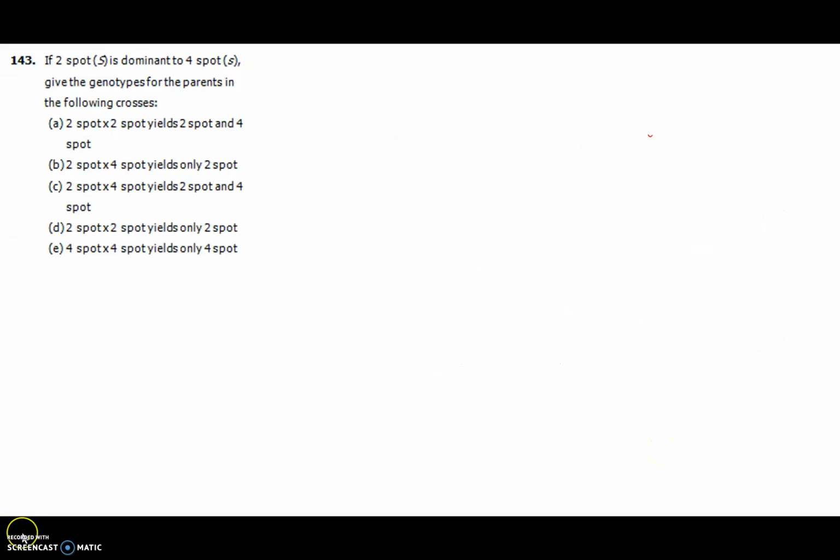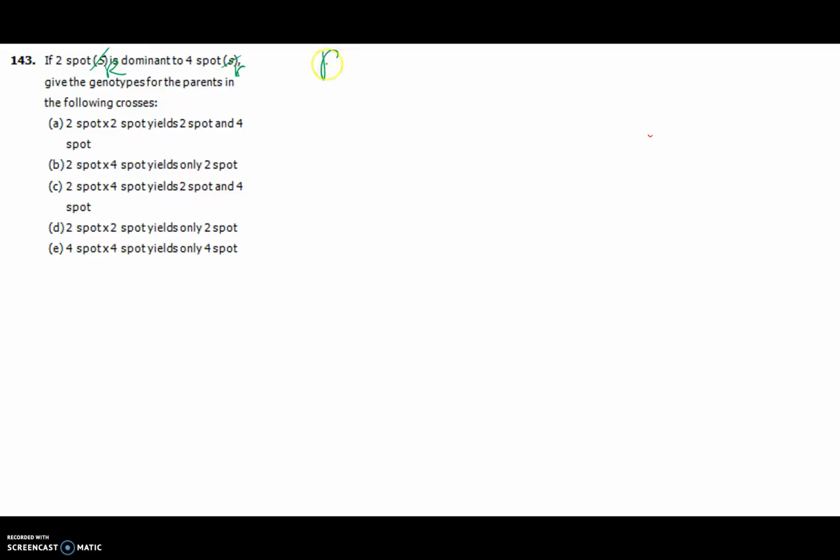Okay. For this problem, I think I'm going to change the S's to R's because my writing is so sloppy, we will get confused. Okay, so if 2 spots are dominant to 4 spots, give the genotypes for the parents in the following crosses.